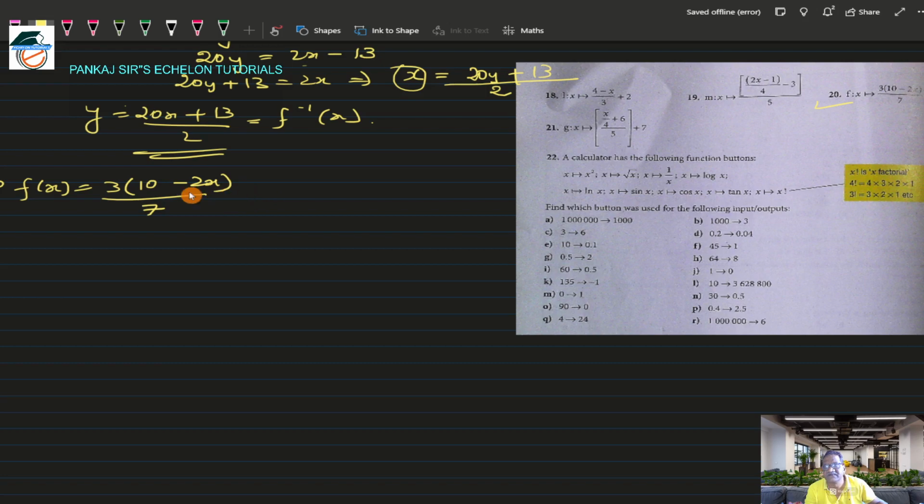Clear? Right, that's the question. Now, as usual, let us take y is equal to 3 times 10 minus 2x over 7.